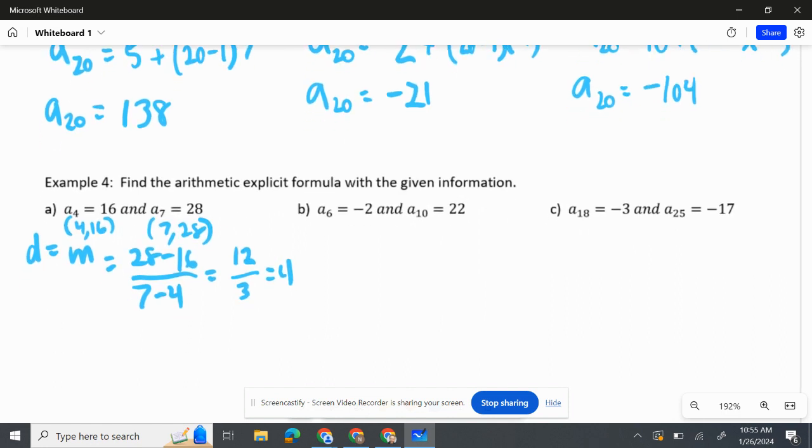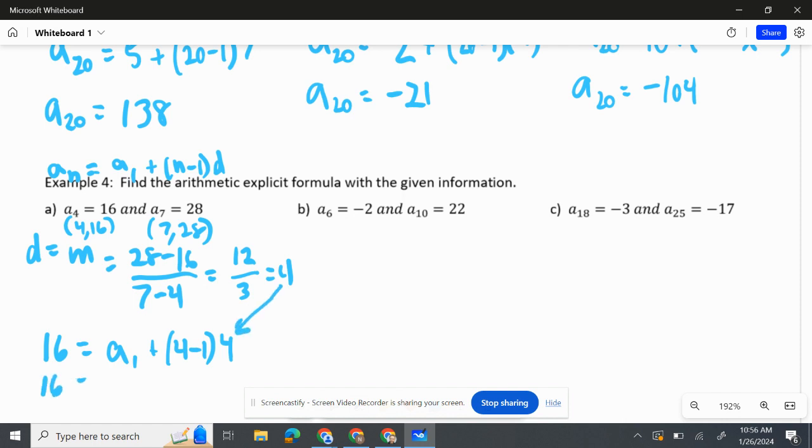I'm going to plug that into the formula. 16 equals, and this is the explicit form, a sub n equals a sub 1 plus n minus 1 times d. So 16 equals a sub 1 plus, I have 4 minus 1, and I'm going to times that by my common difference, which is 4.